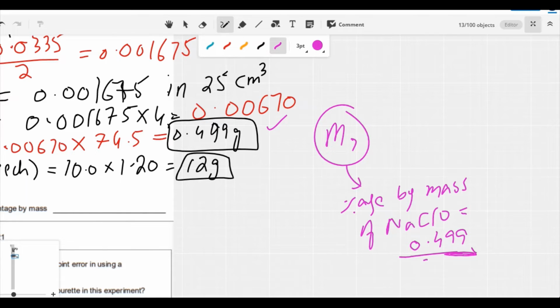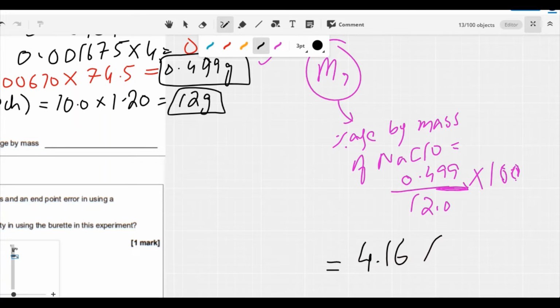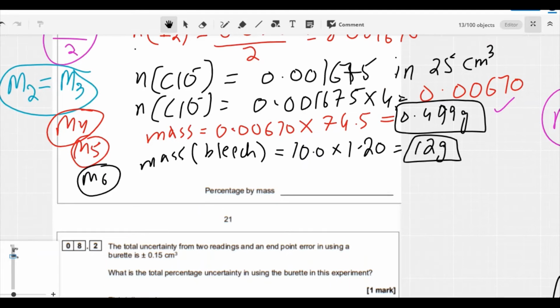That will equal 4.16%. So that is your answer.